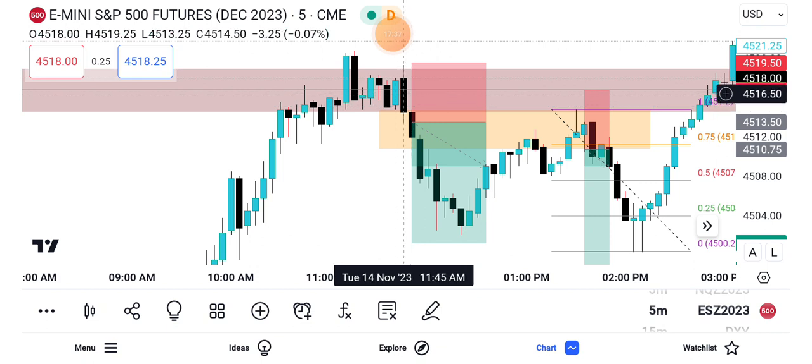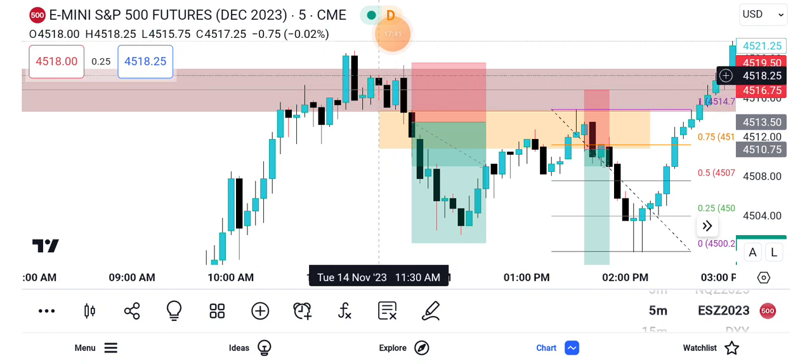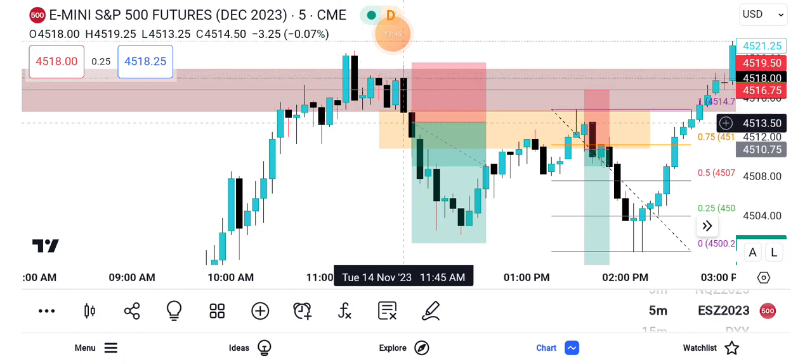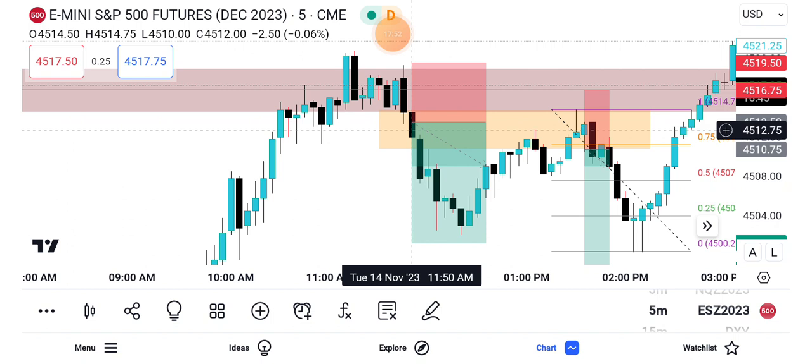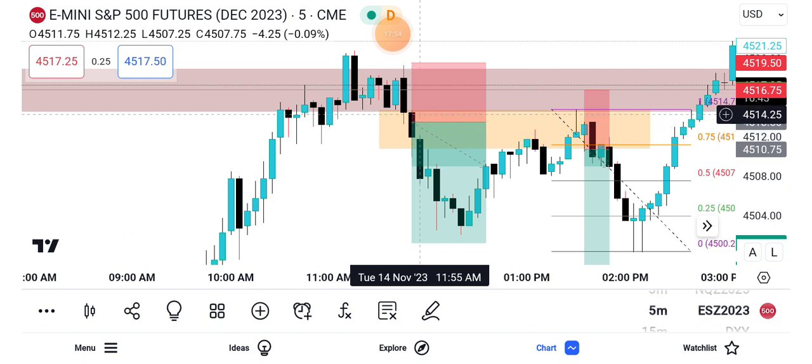Then the next candle rallied up, cleared the liquidity above these highs, and then came lower and closed below this bullish candle. So I was watching to see price retrace onto this order block.